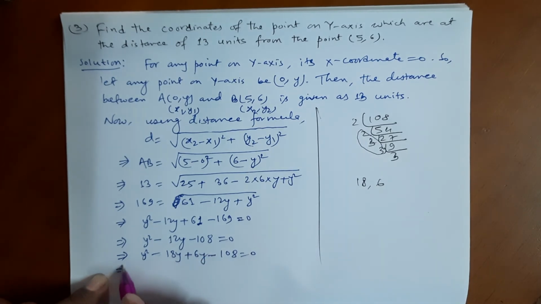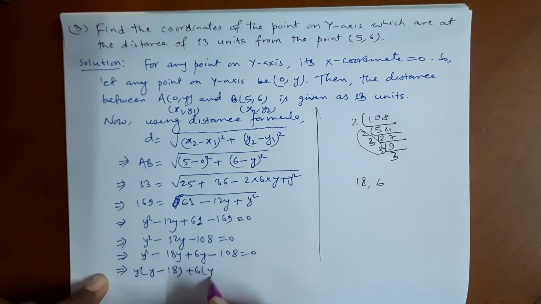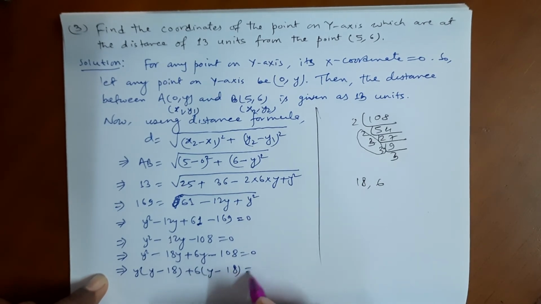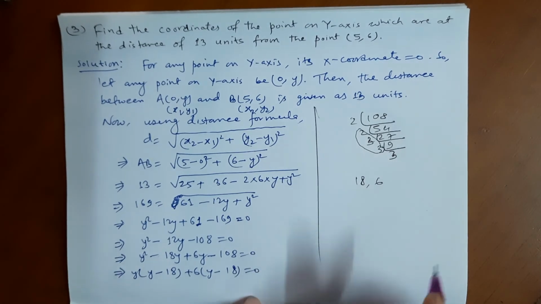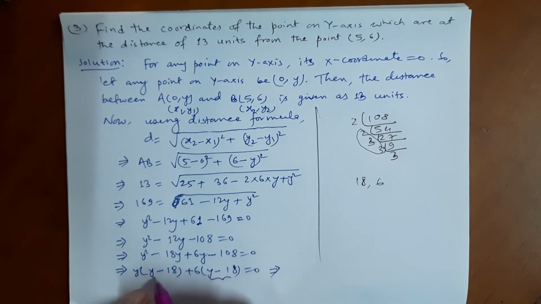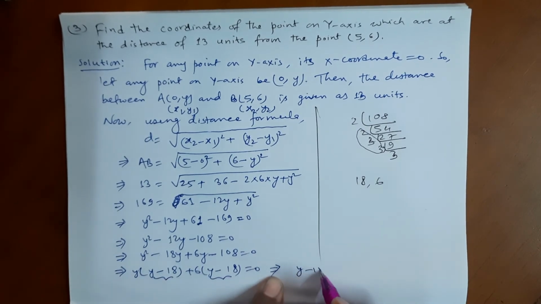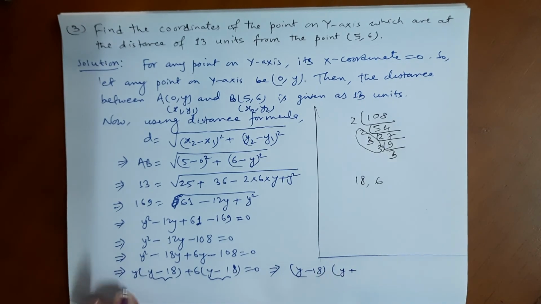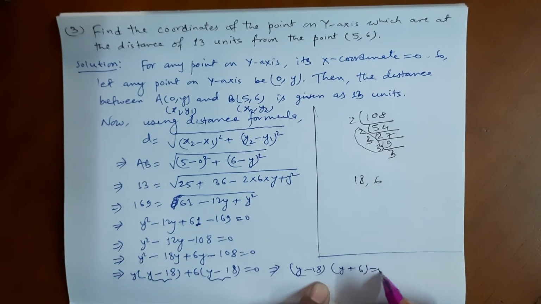And this implies y is common from these two: y times (y minus 18) plus 6 times (y minus 18) equals 0. From this we get (y minus 18) is common, times (y plus 6) equals 0.